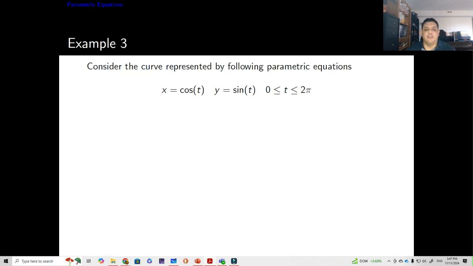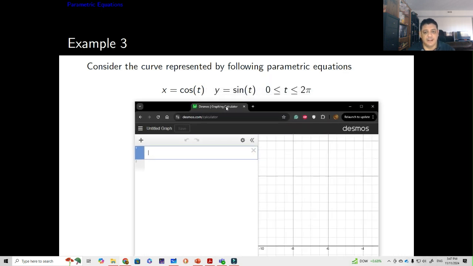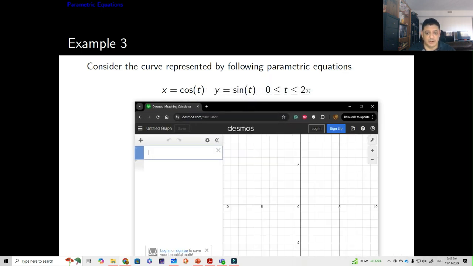Now, we can do this with some other different things, and there are multiple ways of representing this, whether on computers, calculators, or the like. So for example, using a graphing tool like the Desmos calculator, you can go ahead and plot that, and you can use the parameter that you have.